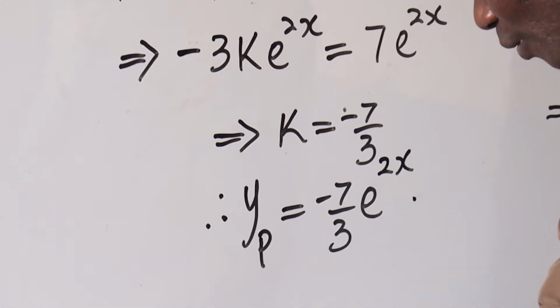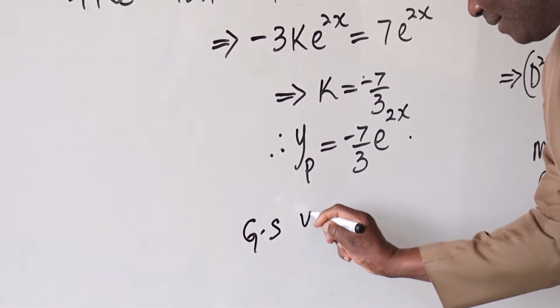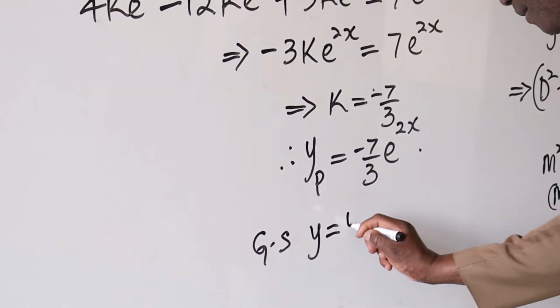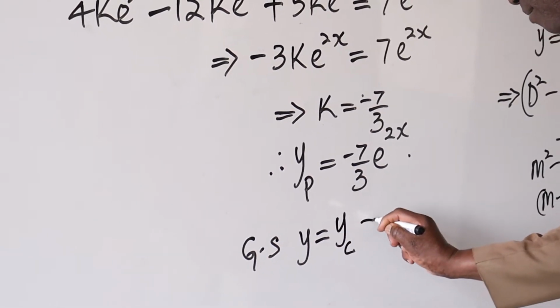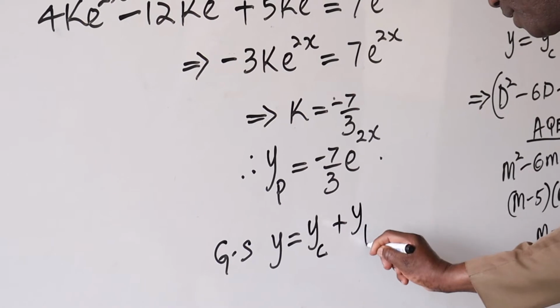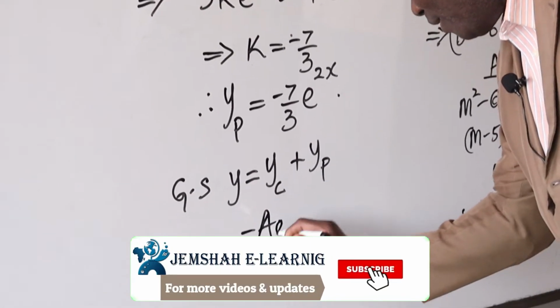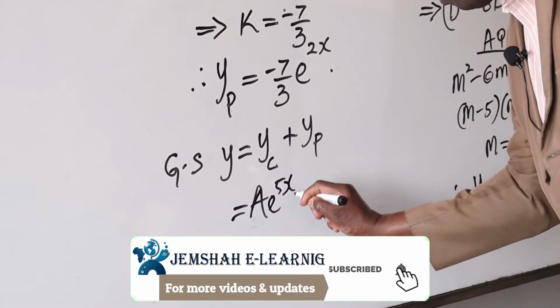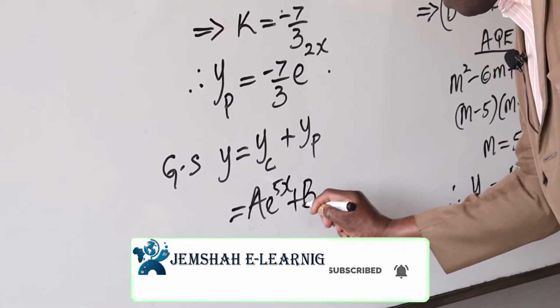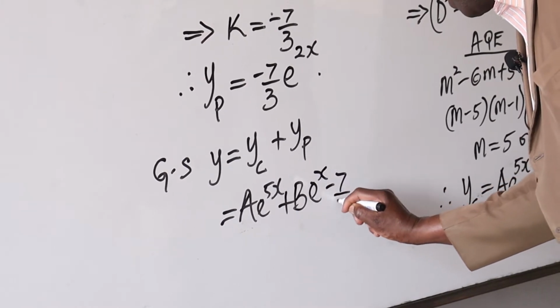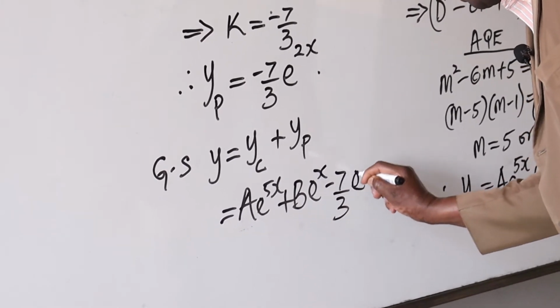The general solution, y, will be equal to yc plus yp, which will be equal to ae power 5x plus be power x minus 7 all over 3 exponential 2x.